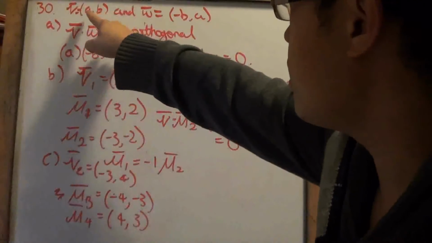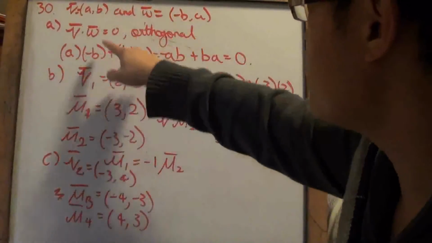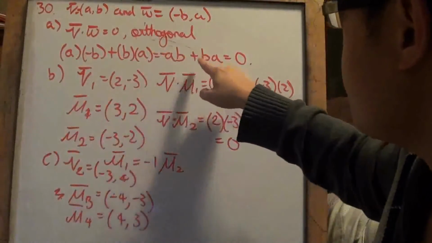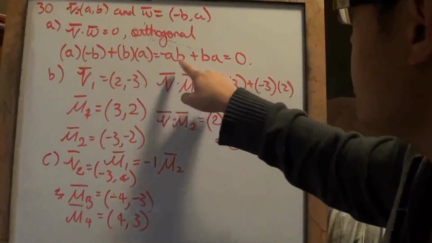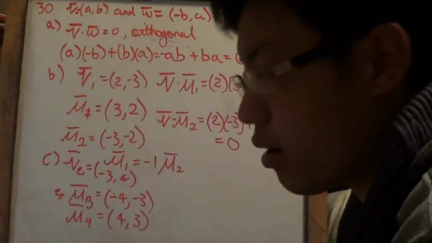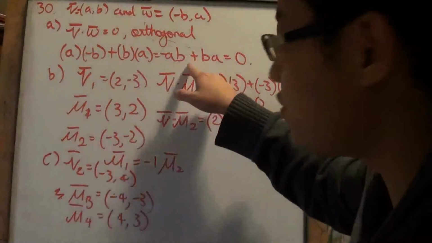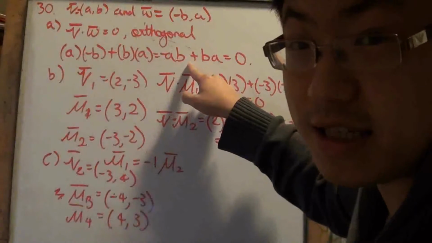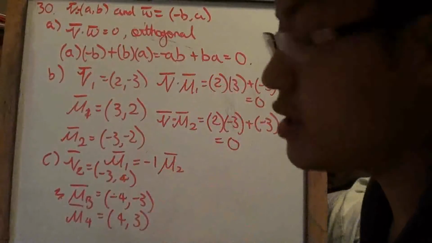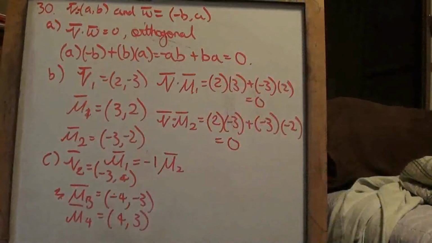First entry, a and negative b, plus b and a. So that's going to be negative ab plus ba. These two are the same thing, so adding them up gives 0. By the way, if this was a matrix, then that's not necessarily the case. We can only say that because these are just numerical entries.